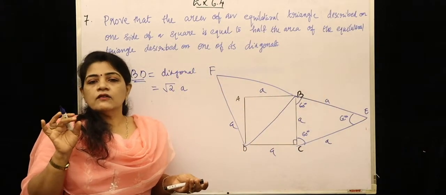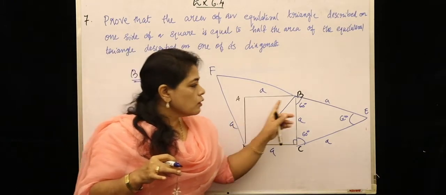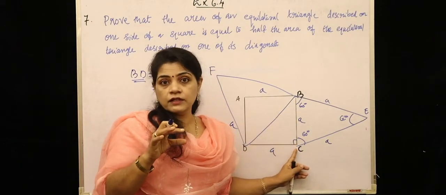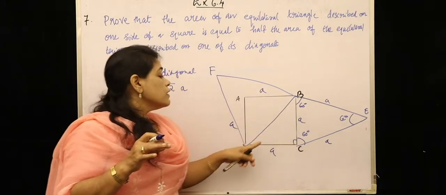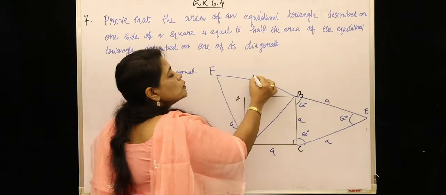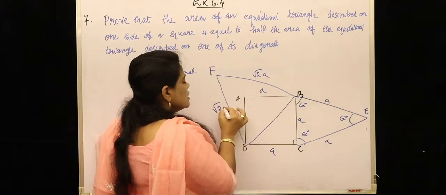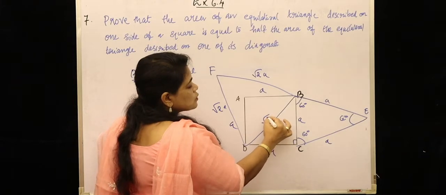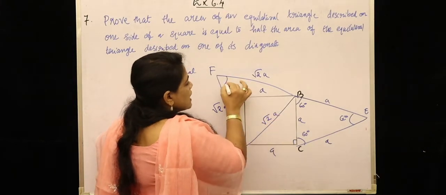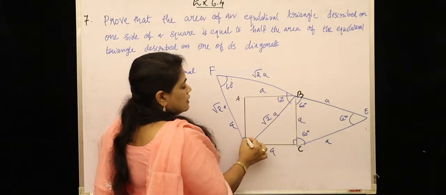So children, here we have two equilateral triangles. One is on the side of the square ABCD, another one is described on one of its diagonals. So let it be root 2 a. The length of each side of this equilateral triangle is root 2 a, and each angle is 60 degree, being an equilateral triangle.